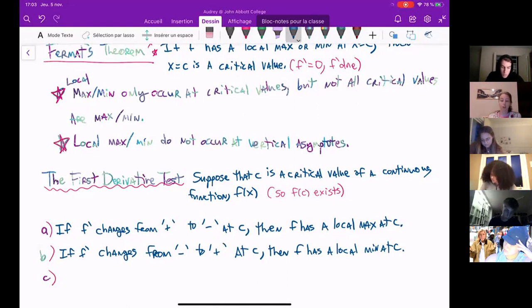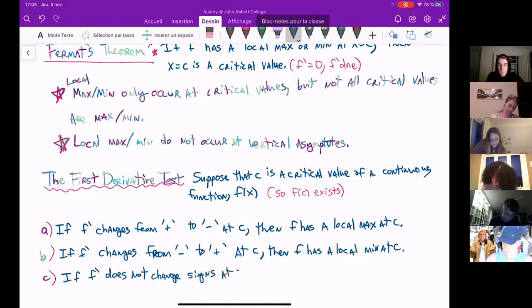And if f prime does not change signs, then there is no max or min at c.